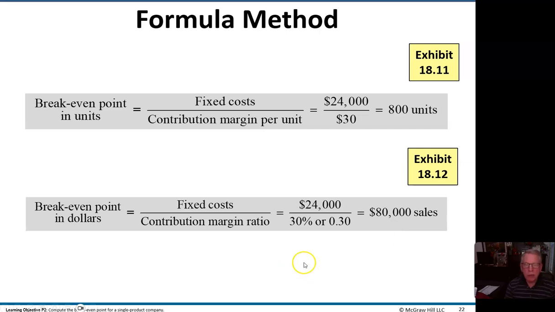Because this is selling for $100 per unit, I could have also taken 800 units multiplied times $100 revenue per unit and come up with the same $80,000 in sales. So you want to have those two formulas well understood in your notes.